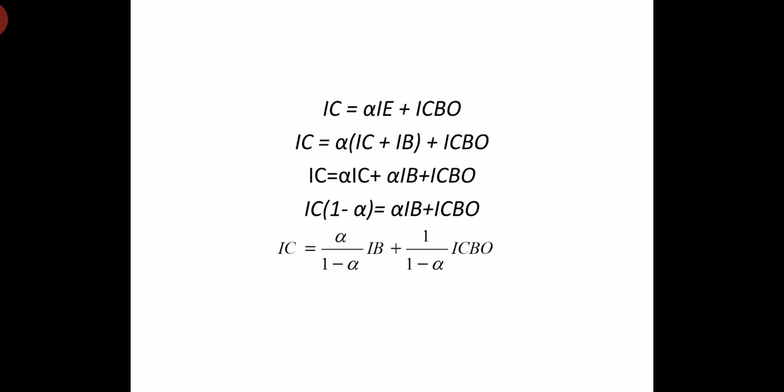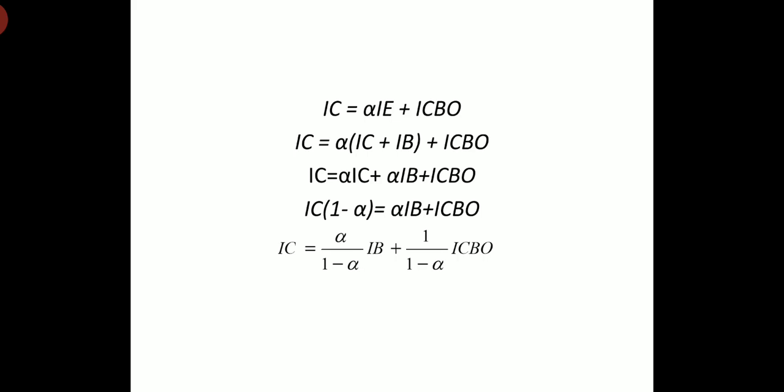Since alpha by 1 minus alpha is represented by beta and 1 by 1 minus alpha is represented by 1 plus beta, IC equal to beta into IB plus (1 plus beta) into ICB naught.